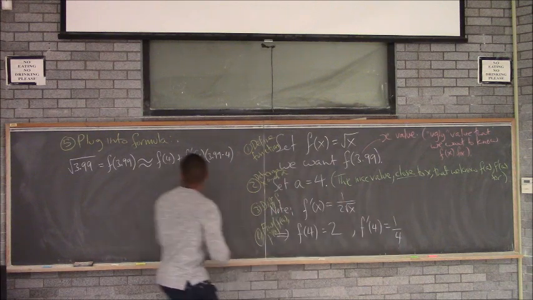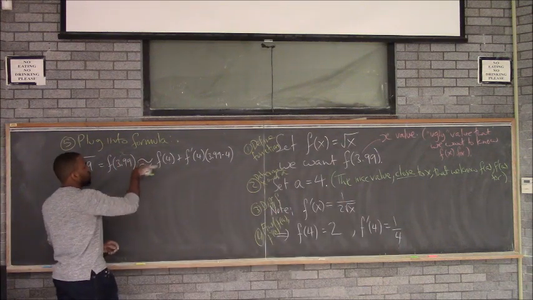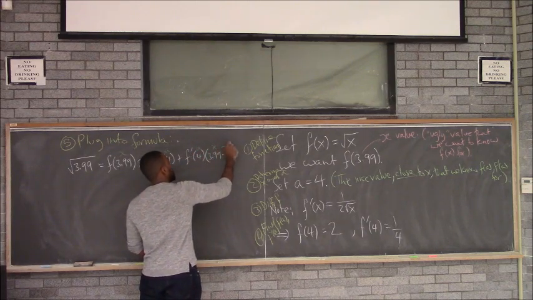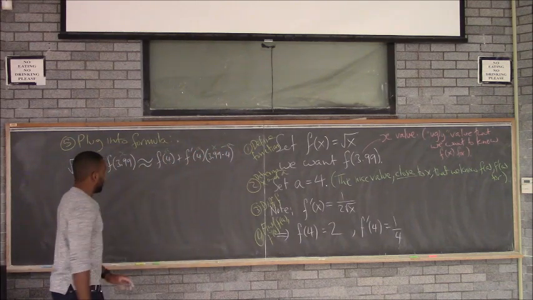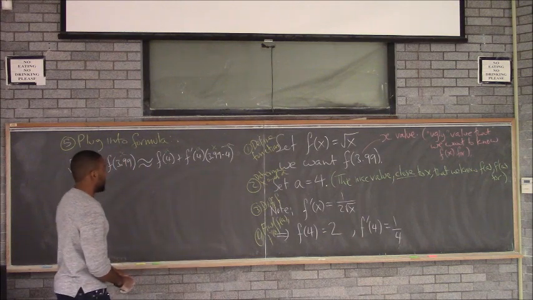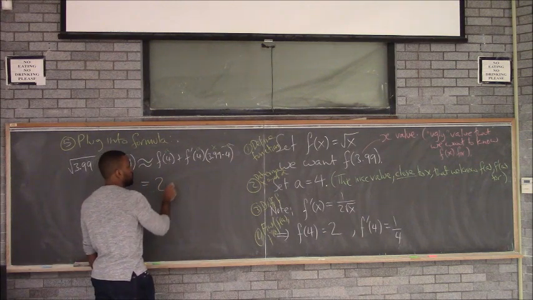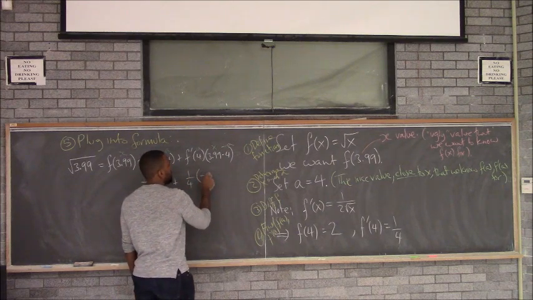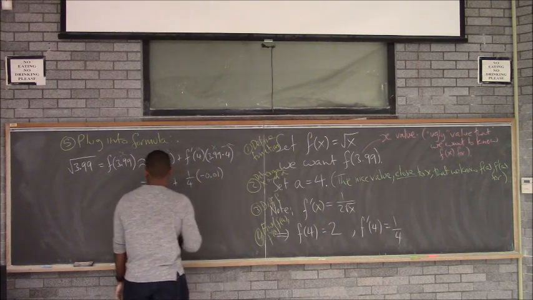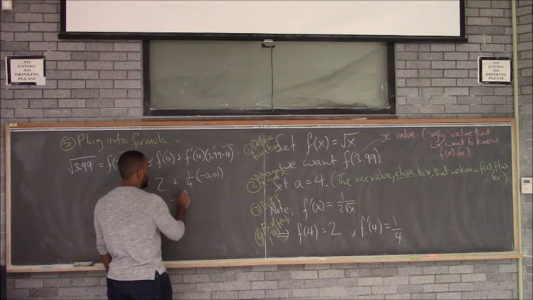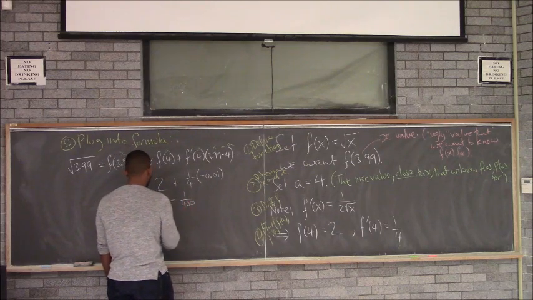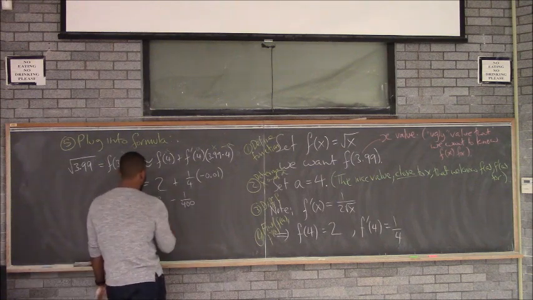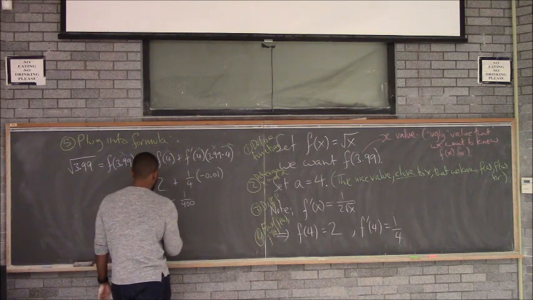This is f of x approximately equal to f of a plus f prime of a times x minus a. And it turns out that's something I can actually do by hand. This is going to be 2 plus a quarter times minus 0.01. In other words, that's going to be 2 minus 1 over 400. In other words, that is going to be 800 over 400 minus 1 over 400, 799 over 400.